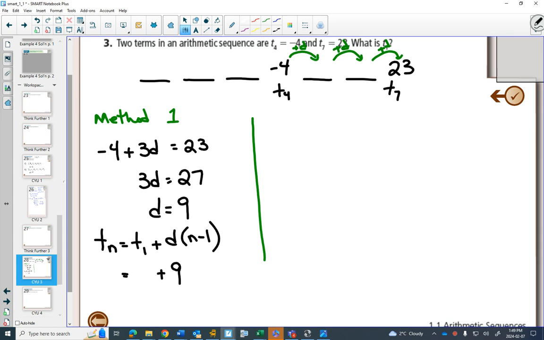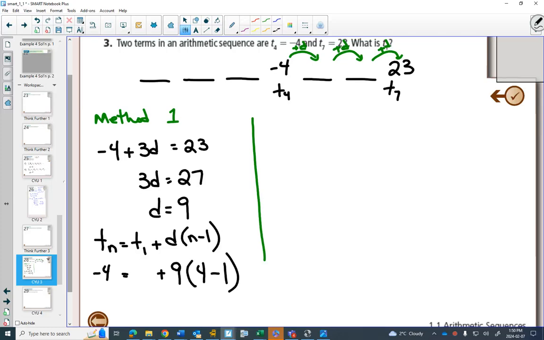And then I could plug in either -4 or 23. If I plug in -4, which term is that one? That's term 4. If I plug in -4, then I'd have to plug in 4 for n. If I chose to plug in 23, does it make sense that my n would have to be 7 then?